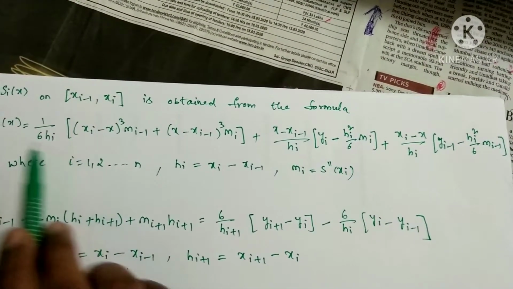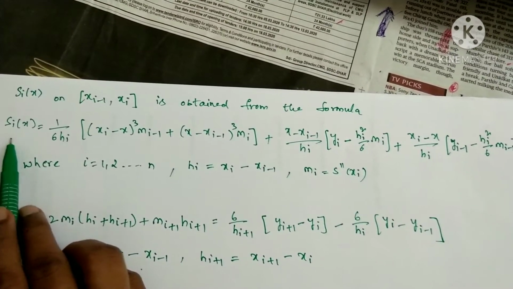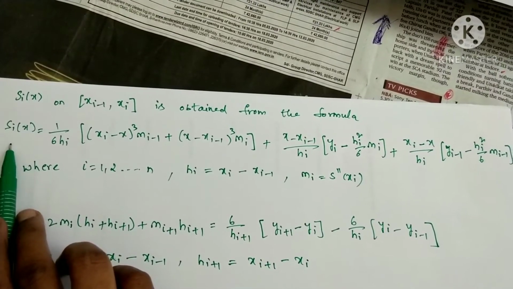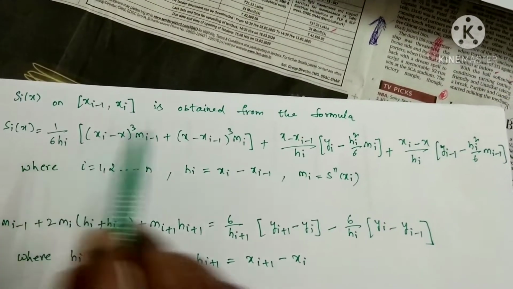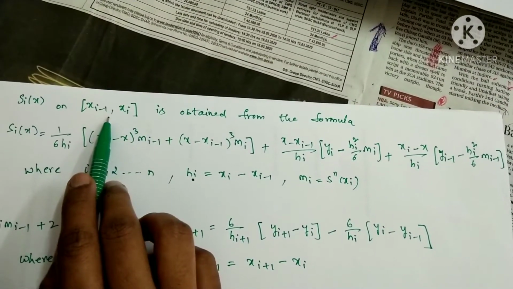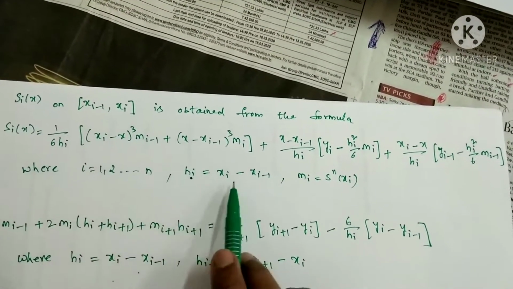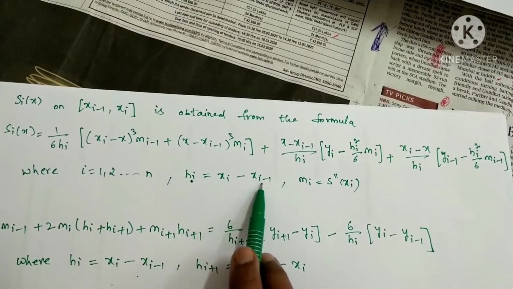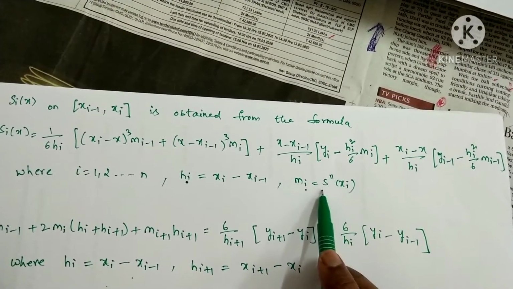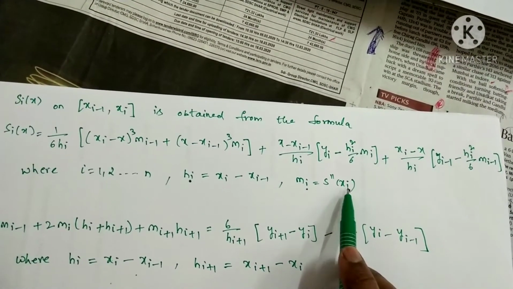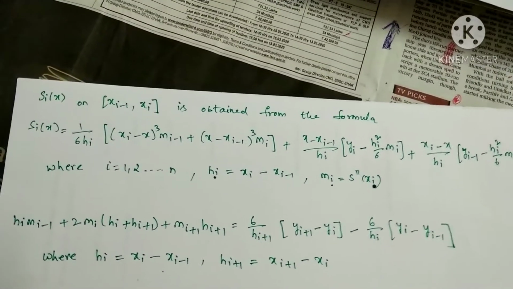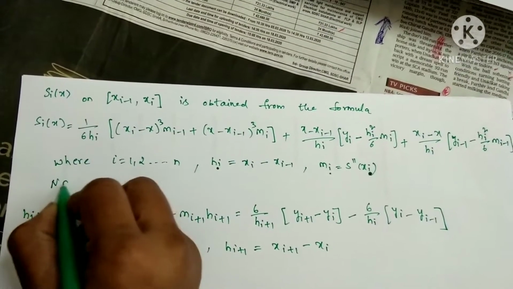If I give i = 1, then I will get S1(x) in the first subinterval. For i = 2, I get S2(x) in the next subinterval, that means the second subinterval and so on. And hi = xi - x(i-1), which is the length of the interval, and Mi is the second derivative of S at each xi.